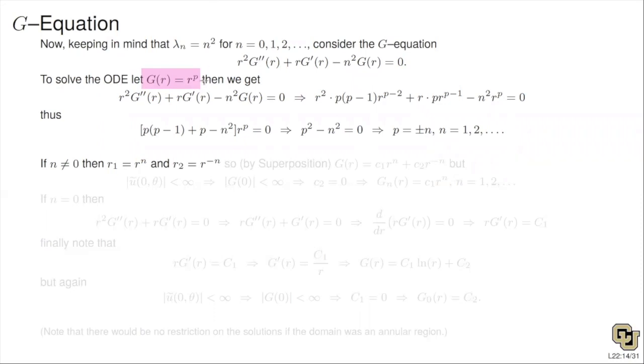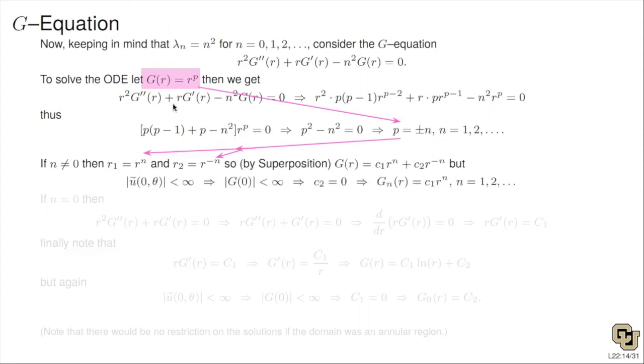Then we plug it into the g equation and we're able to solve for p. And so the solution here is a basis of two dimensions. Any solution by superposition will be a linear combination of r to the n and r to the minus n.